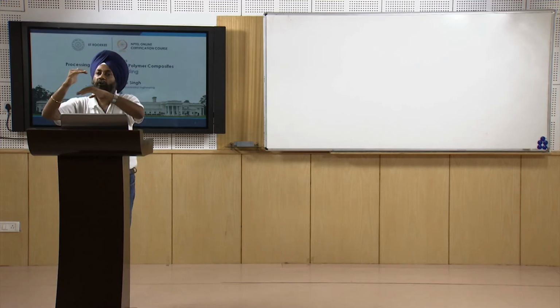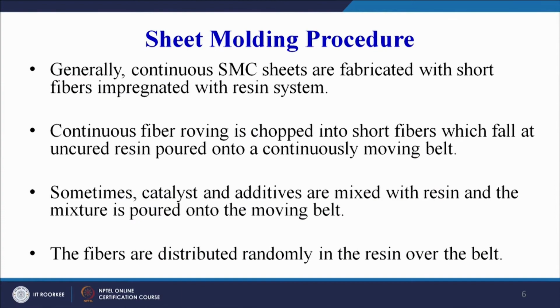So on top and bottom we will have a carrier film, and in between we will have our SMC or sheet molding compound, which is nothing but a combination of the resin and the short fibers that we have introduced onto the carrier belt. So the continuous fiber roving is chopped into short fibers which fall on the uncured resin poured onto the continuously moving belt.